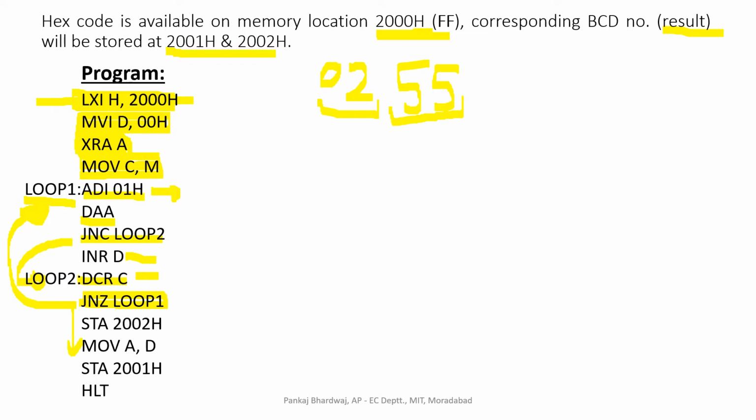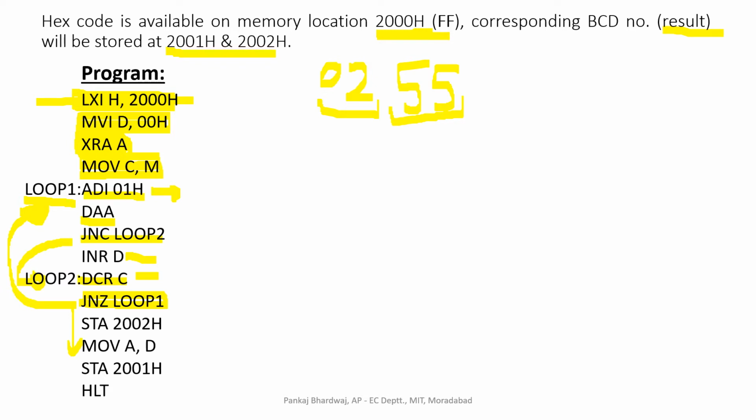So after every 10 digits it will increment, and when a carry generates, that means when the digit needs to be stored in 3 digits, the number will be more than 99.